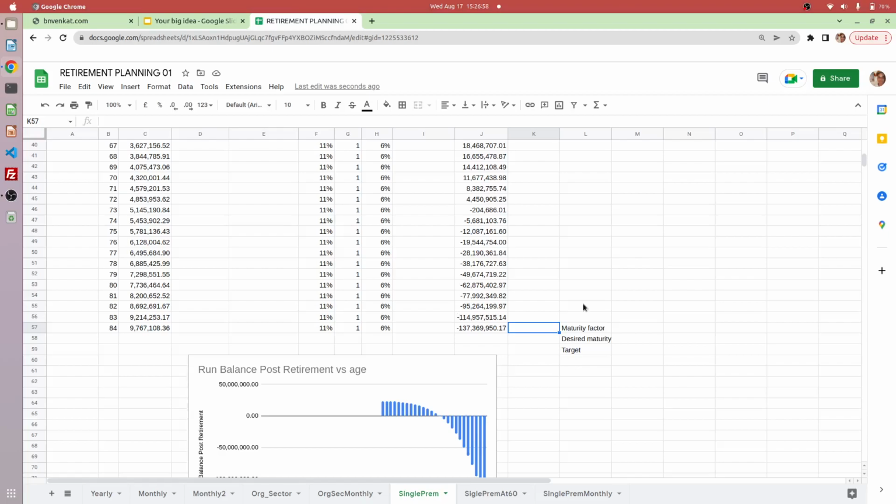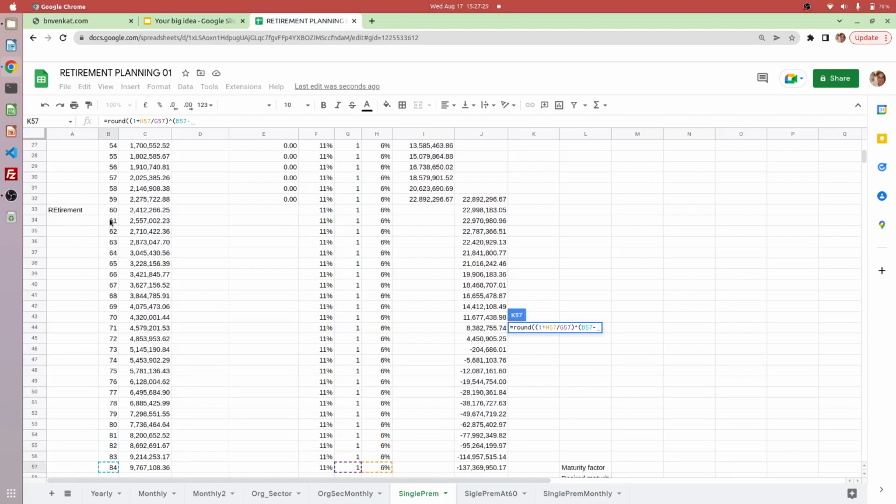Let us come to this maturity factor. Maturity factor is equal to a round figure of 1 plus inflation factor, that is, we will take the last one, divided by frequency factor, raised to the power of number of years, that is last year minus year before retirement, comma 4 decimal places.